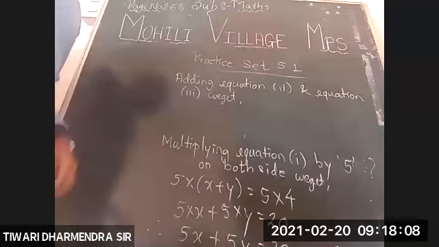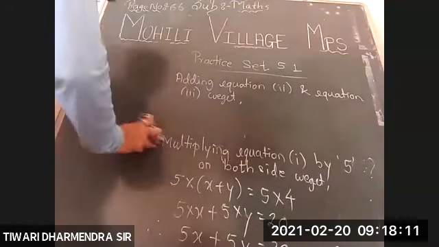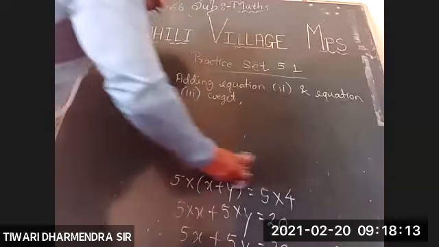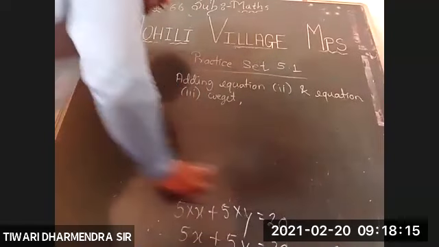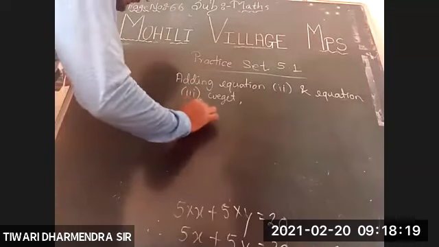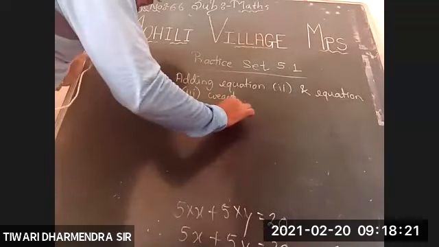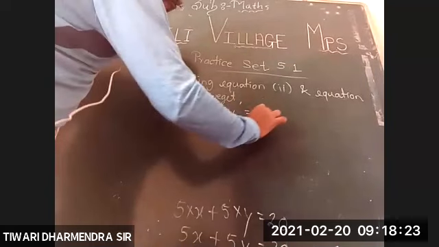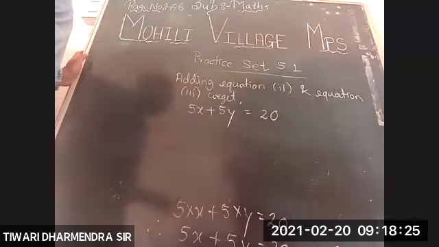What do we get? 5x plus 5y is equal to 20.